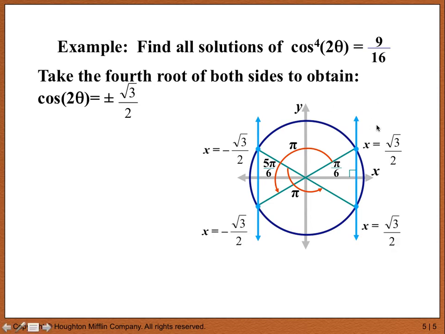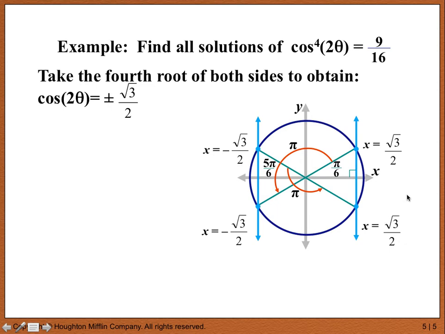You have an x-coordinate of root 3 over 2 at pi over 6. You have an x-coordinate of negative root 3 over 2 at 5 pi over 6. You have an x-coordinate of negative root 3 over 2 at 7 pi over 6. And you have an x-coordinate of root 3 over 2 at 11 pi over 6.